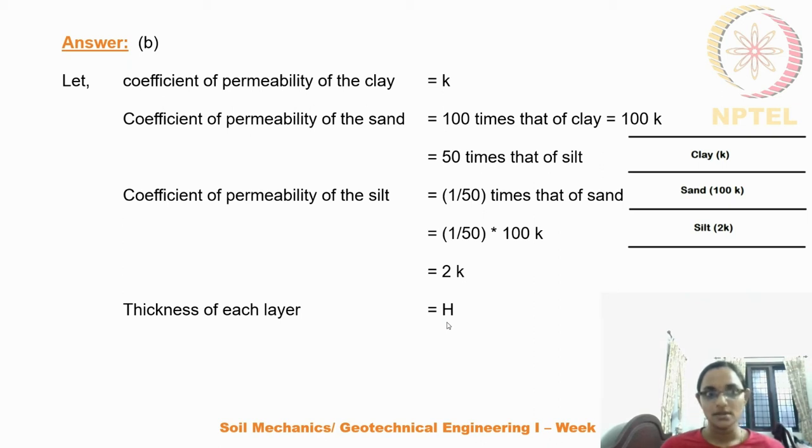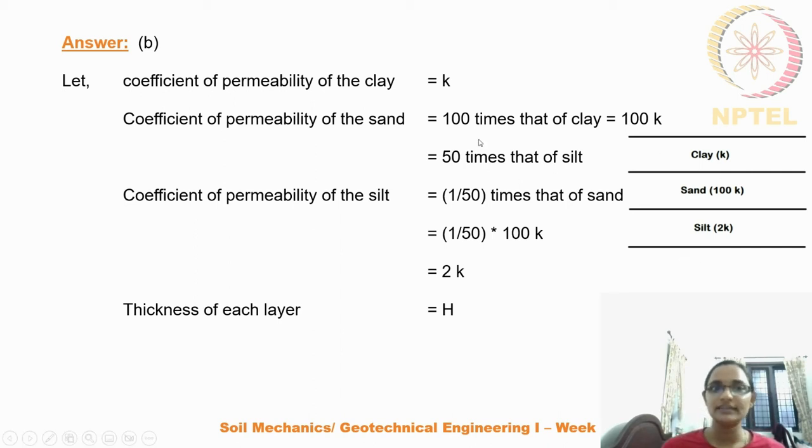Yes, ma'am. Okay, should I repeat it once again? Yeah, ma'am, you can repeat. Okay, so coefficient of permeability of the clay, we are assuming it as K. Already they have given the coefficient of permeability of sand is 100 times that of clay, so we can write it as 100K.